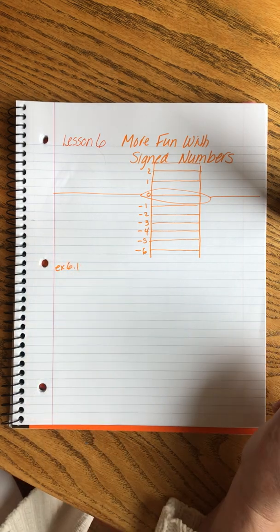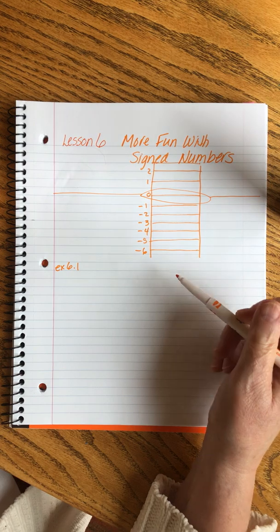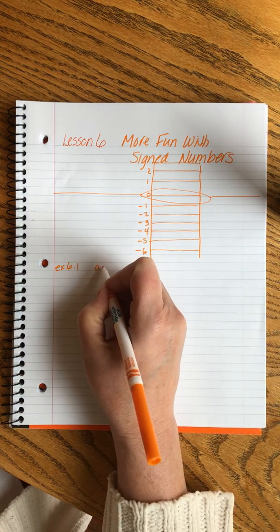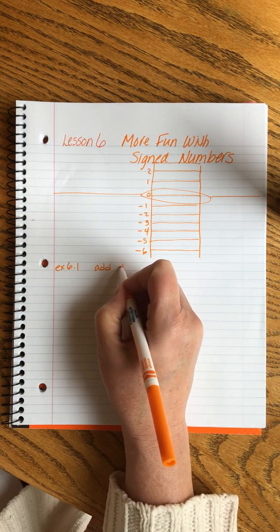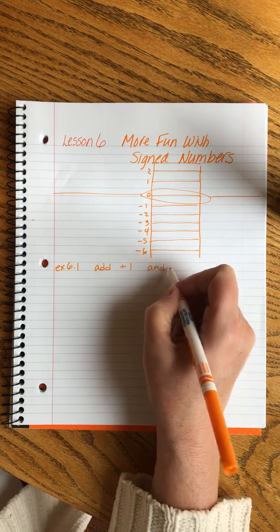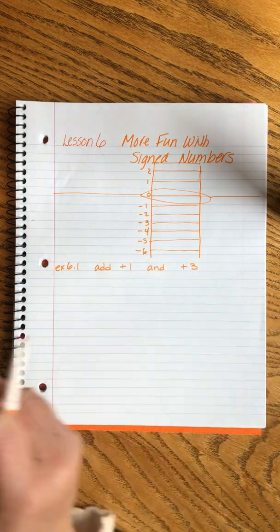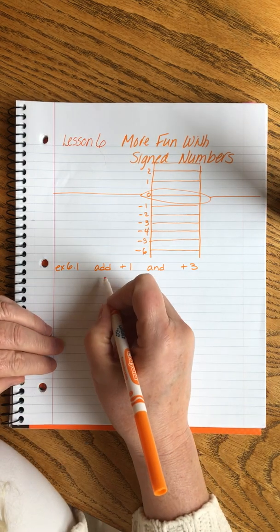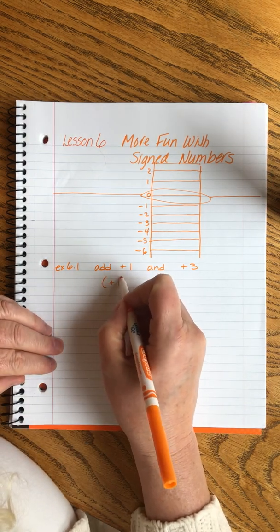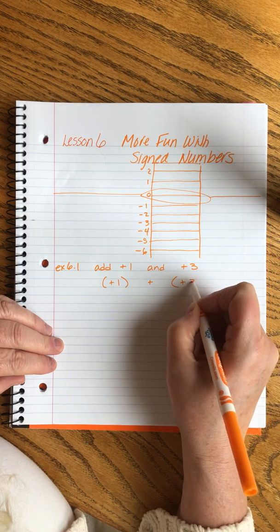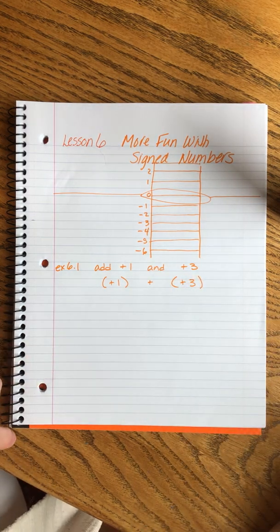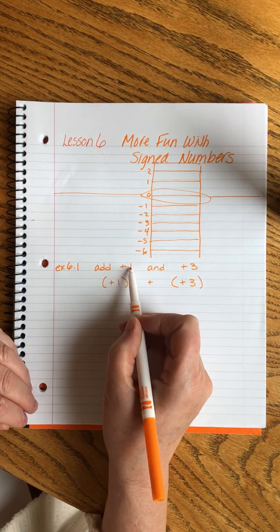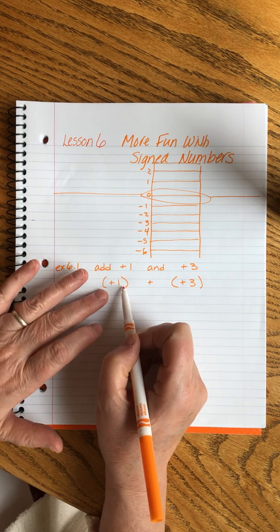Use directed numbers and the number line to add +1 and +3 algebraically. That's what John tells us to do. What that means is we're adding. Another way to look at that is to put the sign and the number in a parenthesis bundle together.